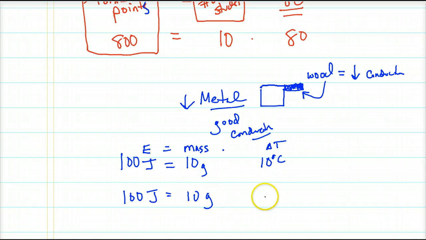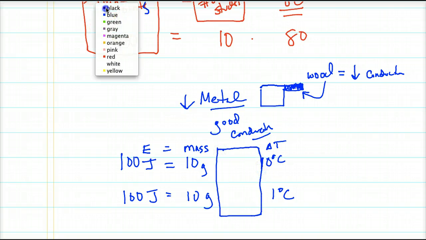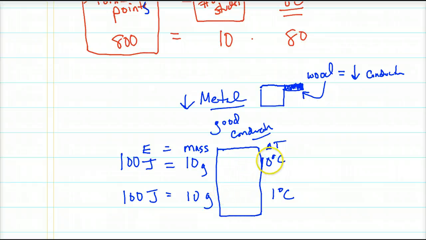And let's say the change in temperature here is 1 degree Celsius. This factor is where the specific heat goes, how well something conducts. Now, 10 times 10 is 100.